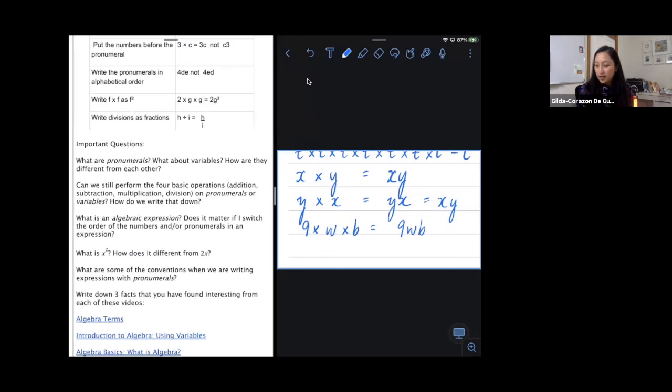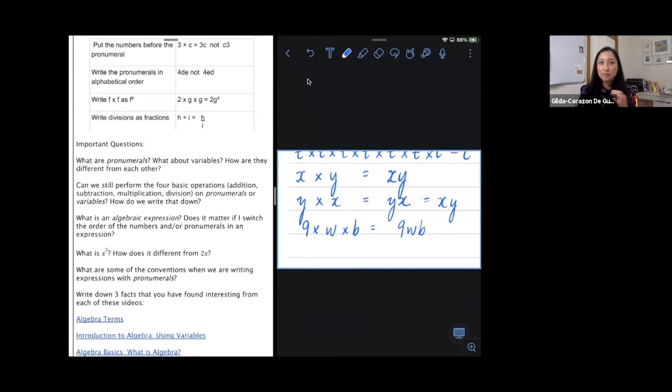So when they are written elegantly, those are the things that you might want to consider. What is x squared? How is it different from 2x? X squared is x times x. 2x is 2 times x. How else can you write 2 times x? 2 lots of x. When you have multiplication, it's a repeated addition.